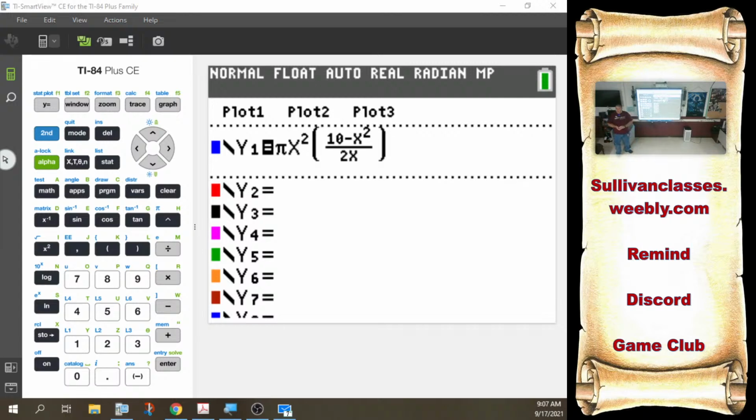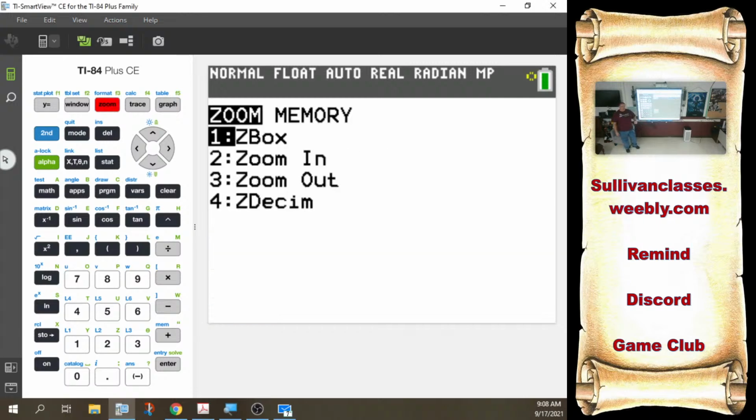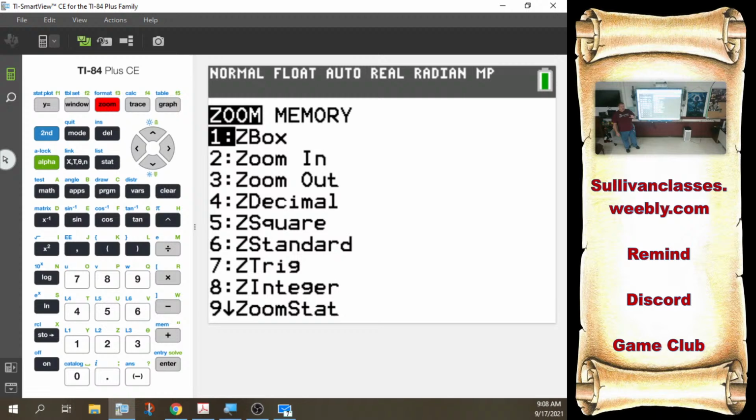Okay, now we need an appropriate window so I can see the maximum. I'm going to press a button that may or may not work. In my experience, it's been a crapshoot whether it works, but sometimes it's worth just trying. You know how we did zoom stat to find my statistics specific window? I can also zoom fit.